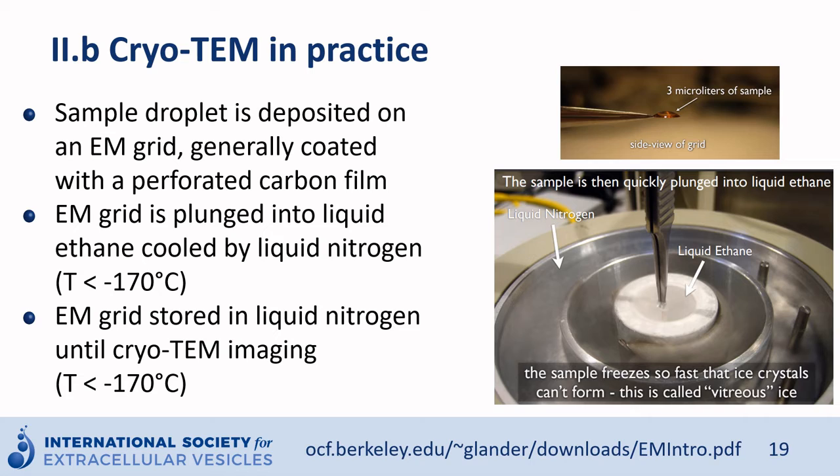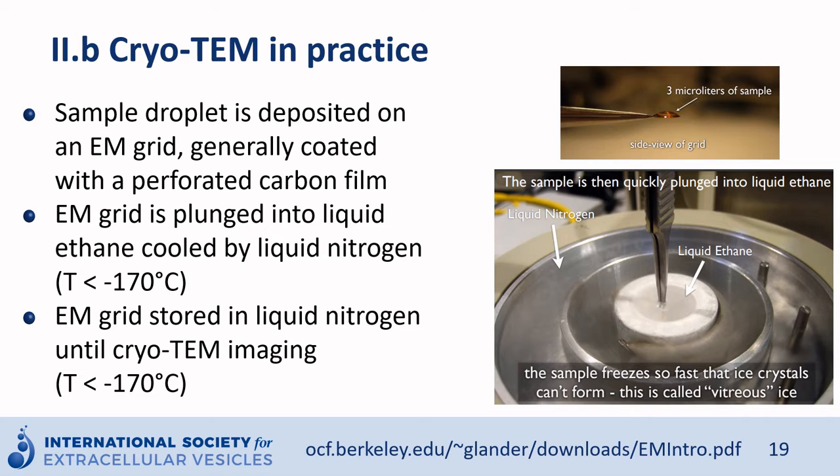In practice, a small droplet of sample, say a few microliters, is deposited on an EM grid generally coated with a perforated carbon film. The grid is plunged into liquid ethane, cooled down by liquid nitrogen at a temperature below -170 degrees Celsius.